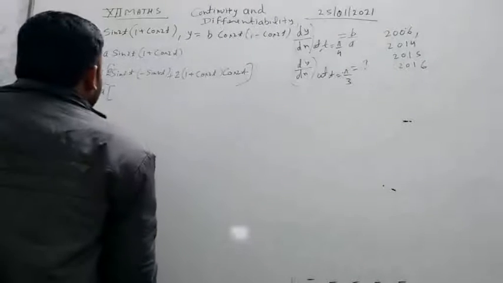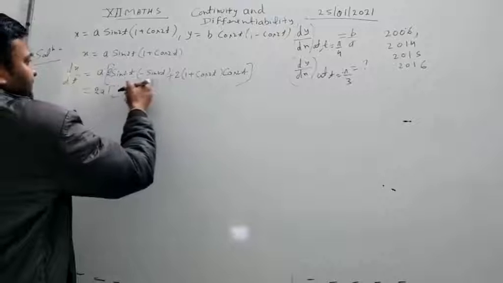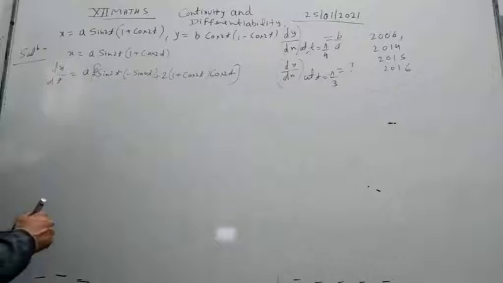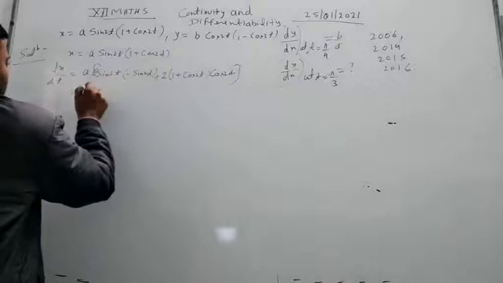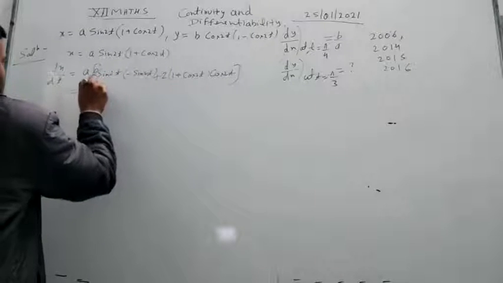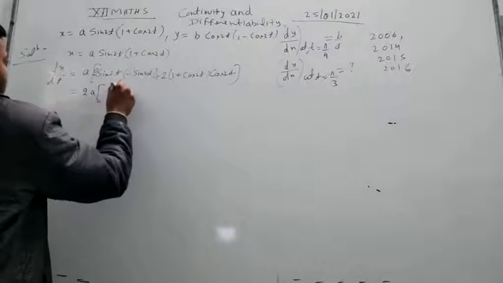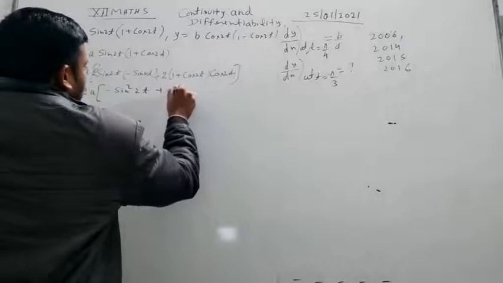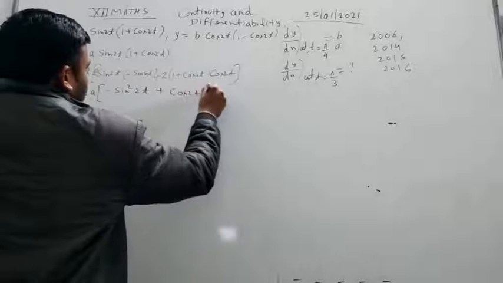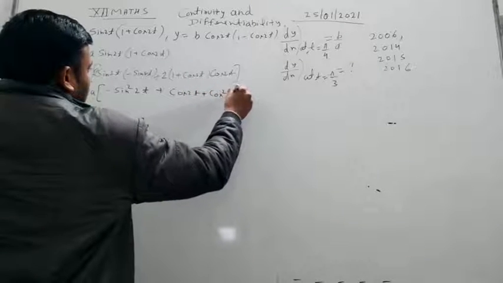Now we are saying that 2 is common, so take 2 outside. We write minus sin square 2t, and this is cos 2t and cos square 2t.